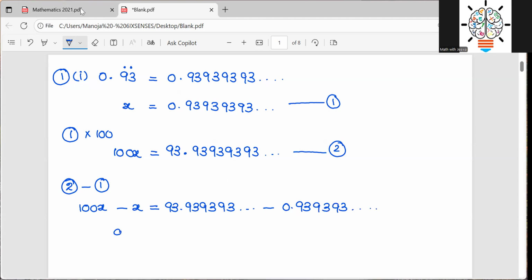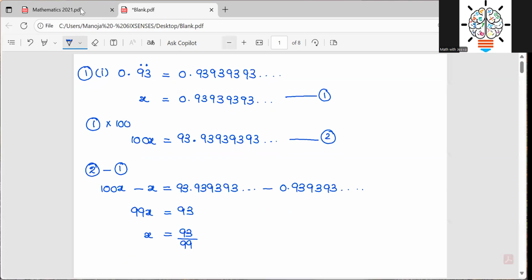So I get 99x equal to 93, and x is equal to 93 over 99. So that is the first part.